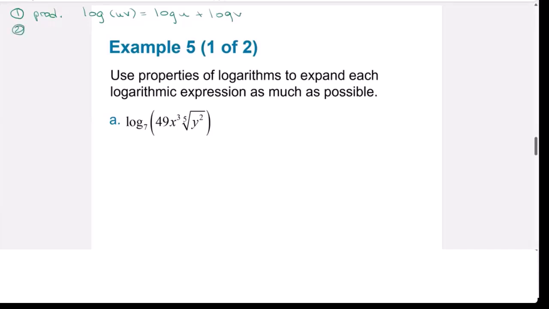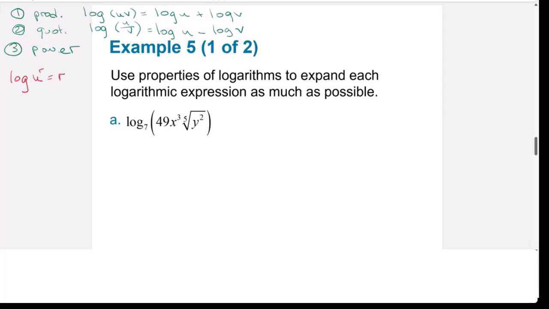The quotient rule is if I have the log of u over v, that equals the log of u minus the log of v. And the power rule is the log of u to the r equals r log u. We're not going to use the quotient rule, but we're definitely using the product and the power rule.